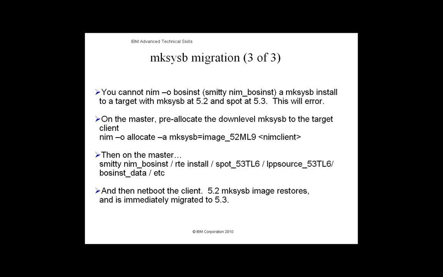So the trick to this, on the master, we'll pre-allocate that down-level mksysb to the target client LPAR. nim -o allocate -a mksysb image, the older mksysb, I was using 5.2 ML9 in this case, to the client. And then on the master, we enable an RTE install. smitty nim_bosinst, RTE install, new SPOT, new LPP source, and the bosinst data file we created earlier, right?